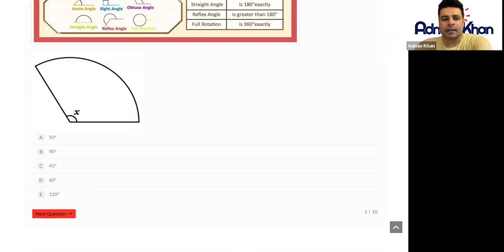Now this is an angle example. We're trying to work out an approximate estimate of the size of this angle. So if we were to work out, let's say for example, roughly 90 degrees will be about this much.